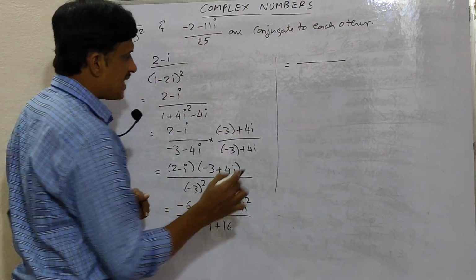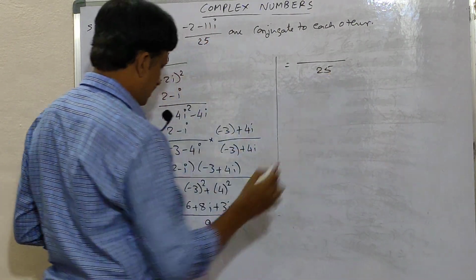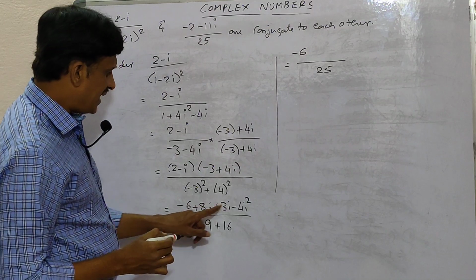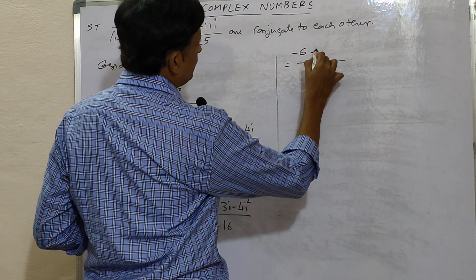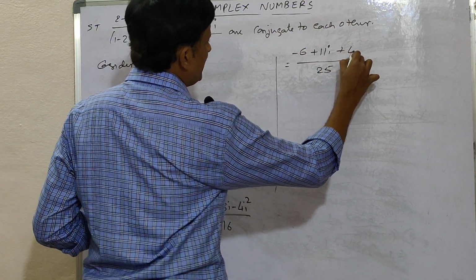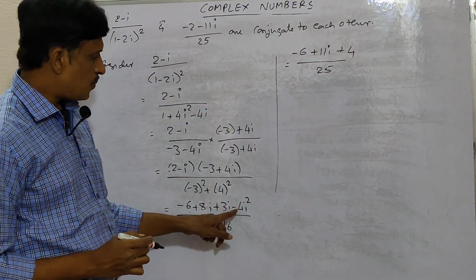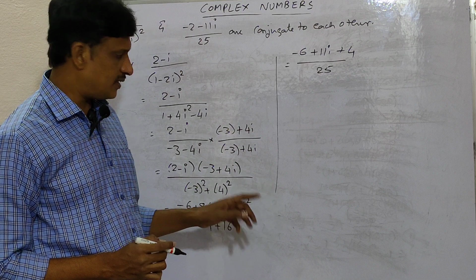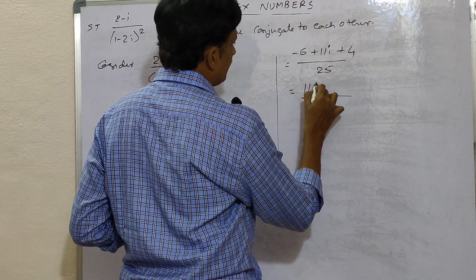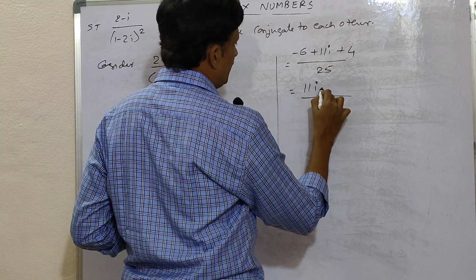So denominator is 9 plus 16, that is 25, and the numerator is minus 6, 8i plus 3i, that will be 11i, minus 4 into i square, i square is minus 1, that will be plus 4. So this will be 11i, minus 6 plus 4 will be minus 2.